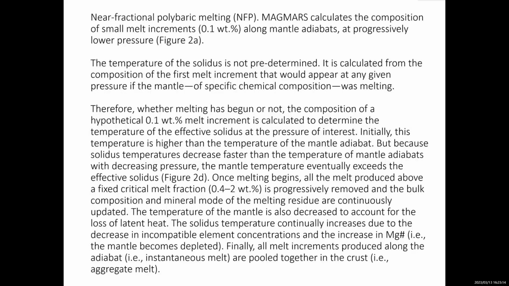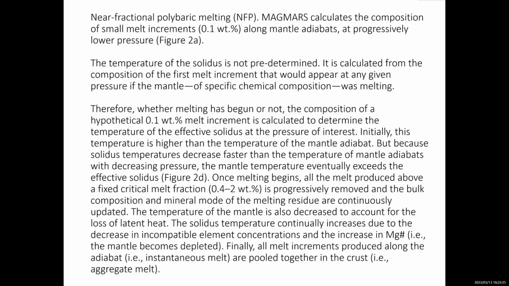And then once the melting begins, all the melt produced above a fixed critical melt fraction is progressively removed, and the bulk composition and mineral model melting residual are continually updated. Okay, they say this is fractional. So if a melt is generated, once it's more than 0.4 weight%, they put the melt away from the closed system into the residual.